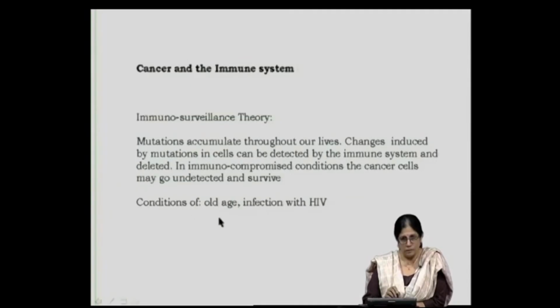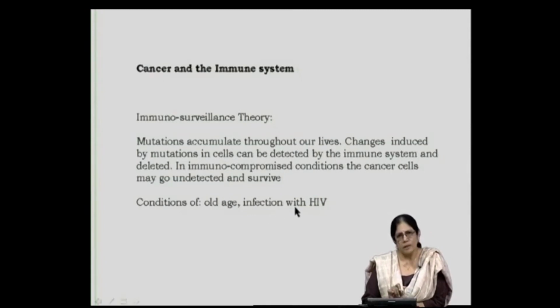Therefore, we know the correlation between old age, decrease in efficiency of the immune system, and thereby mutations which would lead to cancer. Such cells cannot be recognized, or even if they are recognized as non-self, the immune response that is generated is not adequate to delete them, and therefore, yes, cancer takes hold.